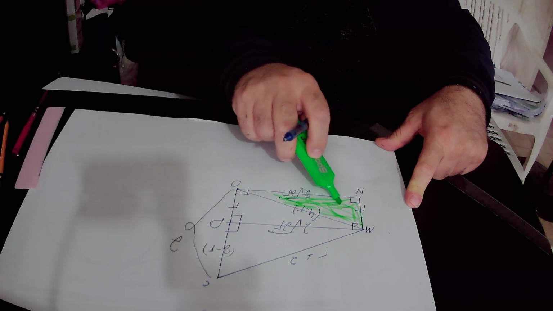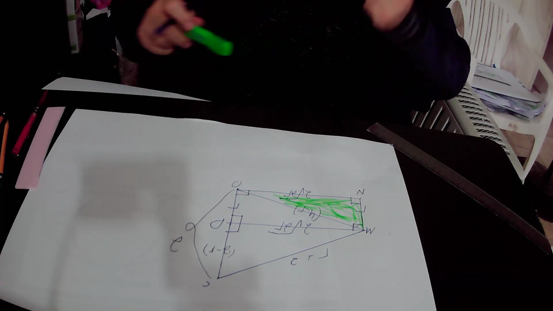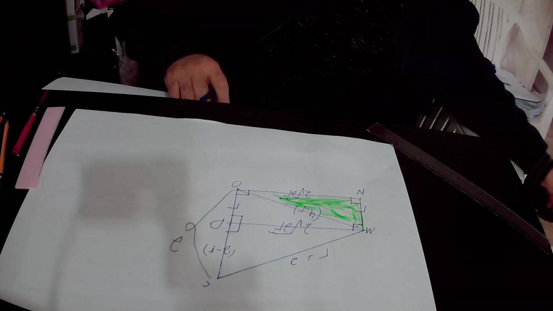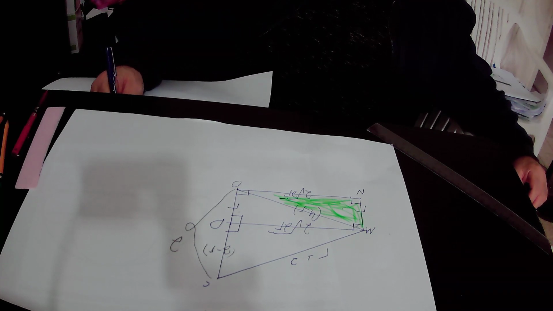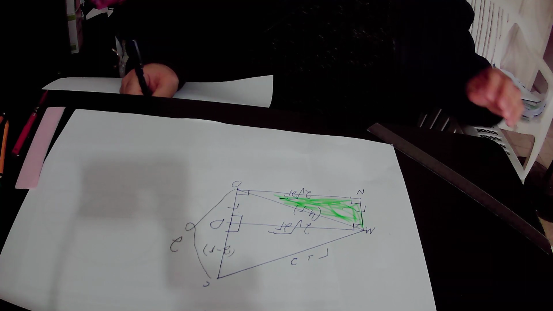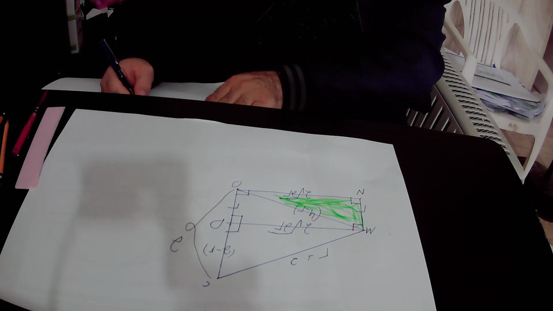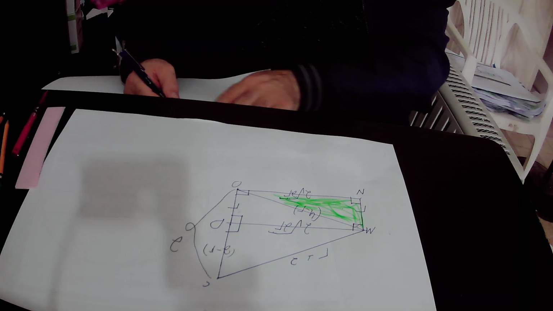So in the right green triangle, triangle MNO, according to the Pythagoras theorem, the square of the hypotenuse equals the sum of the squares of the perpendiculars.